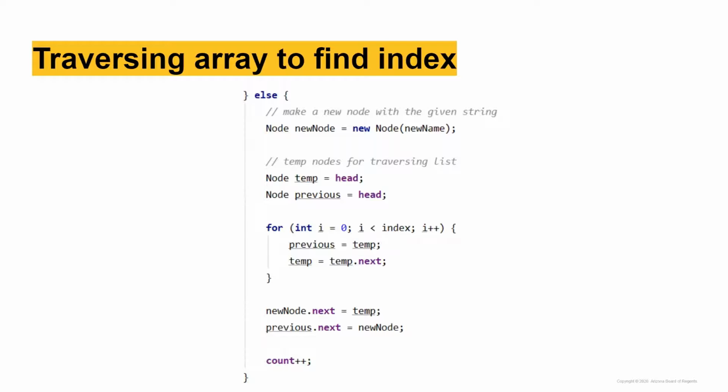So we're advancing temp and previous up the linked list until we stop at the index. Now that we found the index, we say newNode.next equals temp, previous.next equals newNode. We've preserved the integrity of the list and successfully inserted the node at the desired index. So we can just increase the count and we're finished.